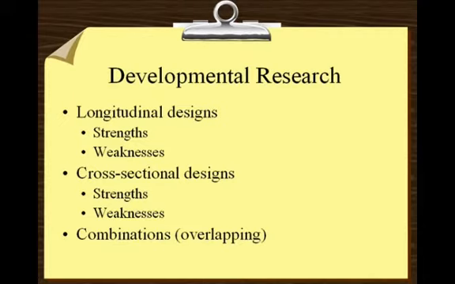That was a cross-sectional design, but it was still developmental research in a lot of ways. So we can do a little bit more with developmental research than just descriptive.